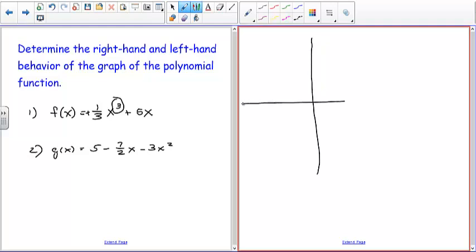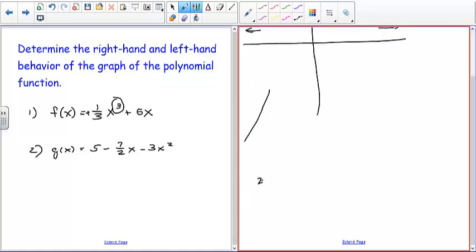Just draw a graph. And the end behaviors are as things go away from 0 in the positive infinity direction and the negative infinity direction. So because this is positive x to the odd power, the end behavior is like this. It's just saying that this is what's going to happen as far as the direction. So that's how you'd answer 1.